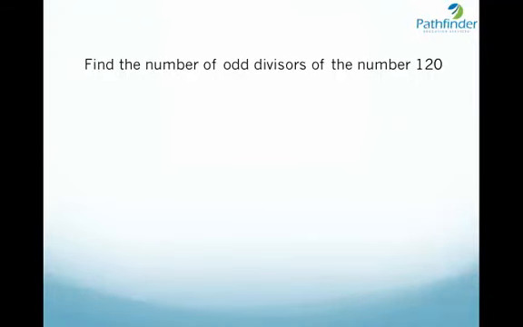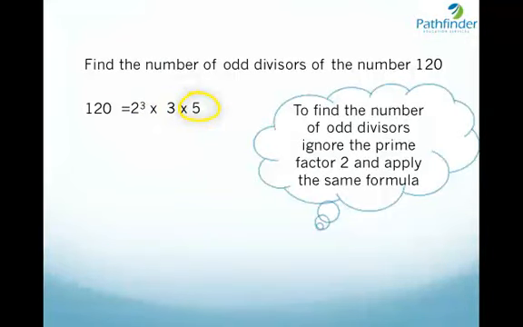Let us take a look at one example. Find the number of odd divisors of the number 120. So 120 can be broken into its prime factors as 2 cube into 3 into 5. To find the number of odd divisors, ignore the prime factor 2 and apply the same formula.